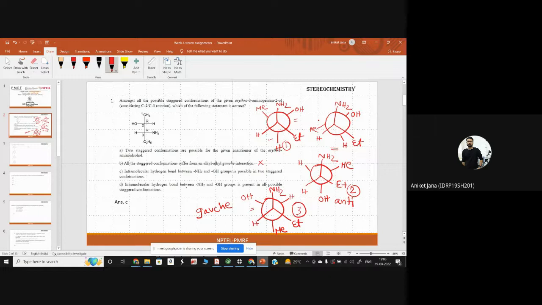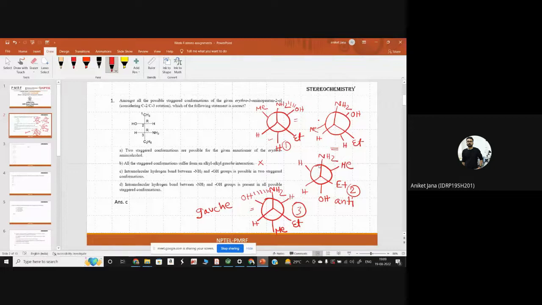So in the last option, it is saying that hydrogen bond between NH2 and OH group is present in all possible staggered conformations. Whenever it is in the gauche conformation, it can have stable hydrogen bonding due to the closeness of the groups.